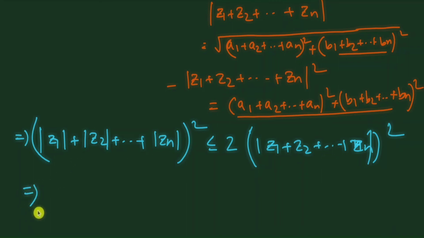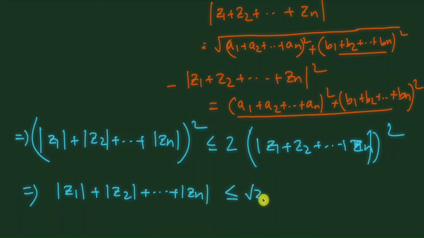So if we apply the square root on both sides, then we write mod z1 plus mod z2 plus mod zn is less than or equal to root 2 into mod of z1 plus z2 plus zn.